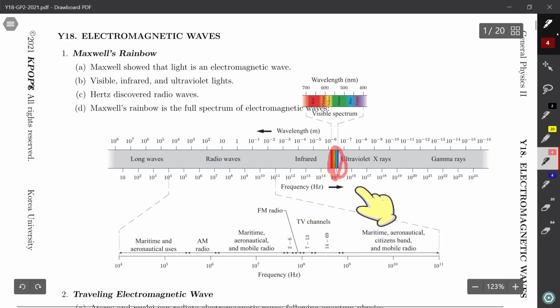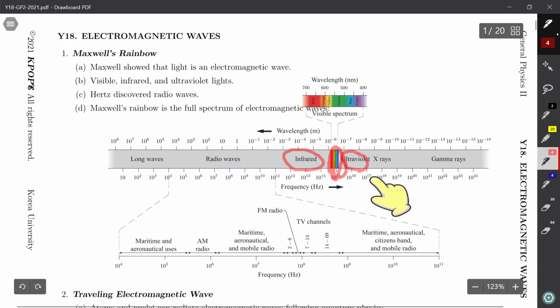But in addition to the visible light, there are many electromagnetic waves. Near the visible light, there are infrared, mostly related to heat, and ultraviolet.